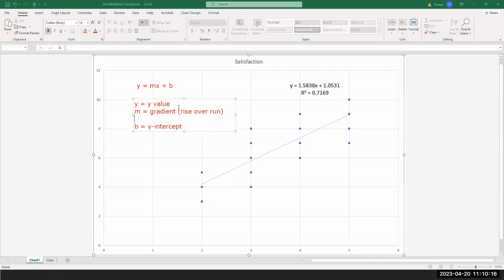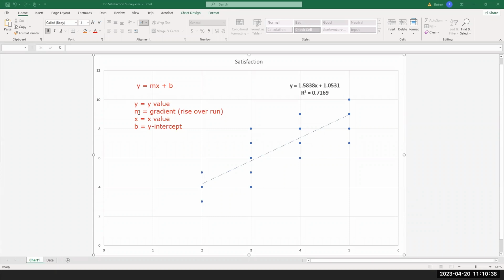I forgot to say x. X is the x value. So let's put this on the screen here for you. I'd imagine you would have done this in grade 7 or grade 8 in high school. Maybe it's been a long time.